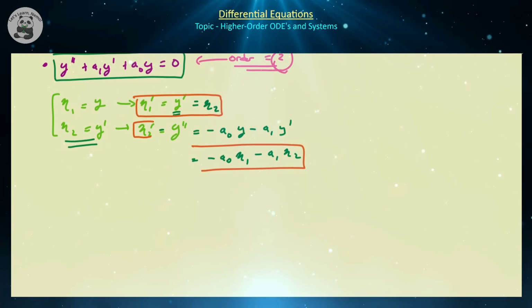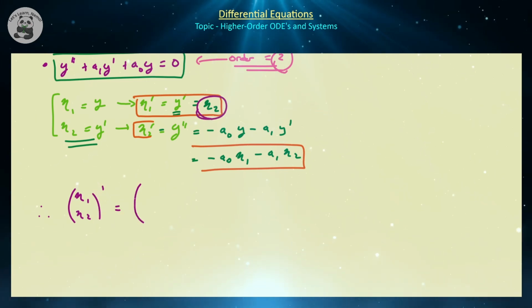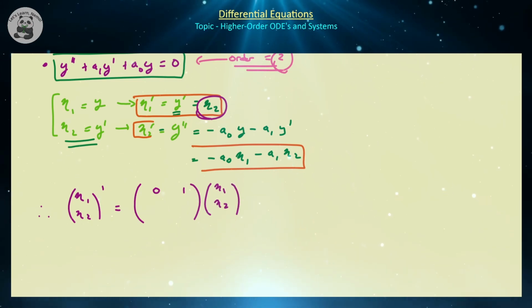So if we write that in vector form, we can say (eta1, eta2) prime is equal to, so in the first equation notice that there's no eta1, so it's going to be 0, 1 times (eta1, eta2), and in the second equation notice we have minus a0 there, and we have minus a1 there.